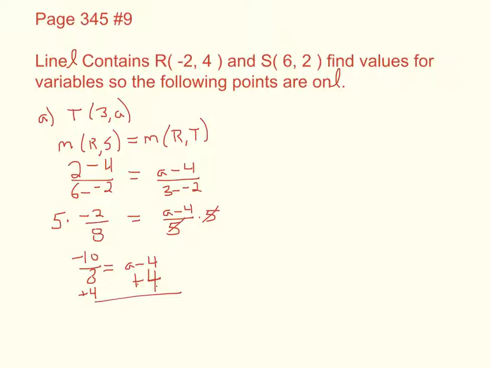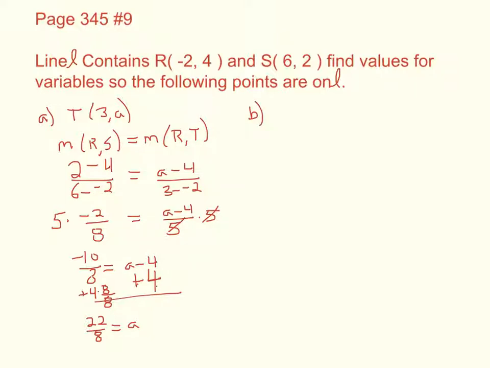Those are not the same units, so let's multiply the 4 by 8 over 8. So now we have negative 10 eighths plus 32 eighths, which is 22 eighths, is equal to a. If you wanted to simplify that to 11/4, you can, or we can leave it.